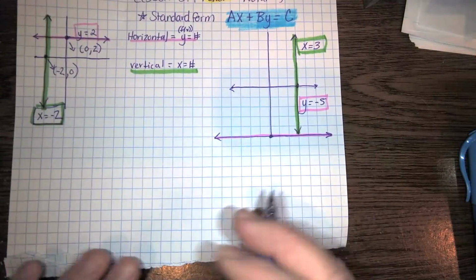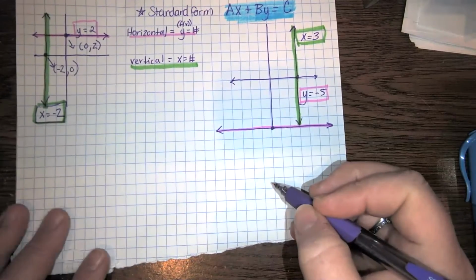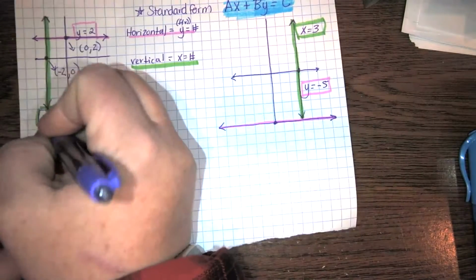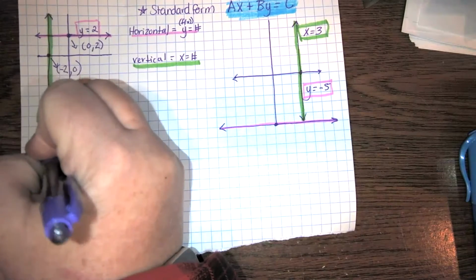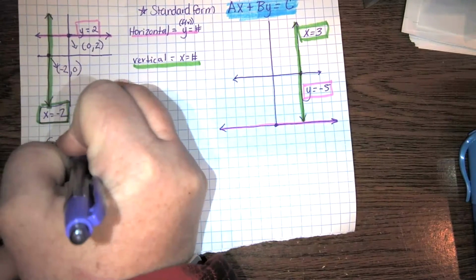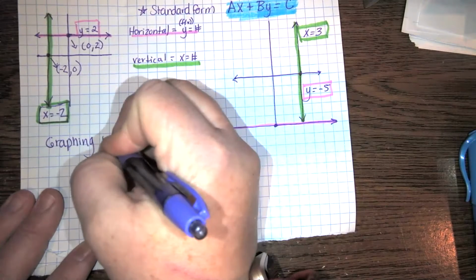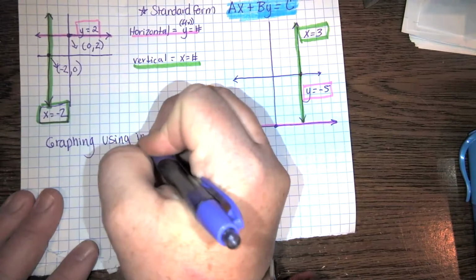Okay, so now we're going to get into actually working on graphing linear equations. So I might end up using a couple sheets of paper here. Okay, so graphing an equation when it's in standard form. Okay, graphing using intercepts.